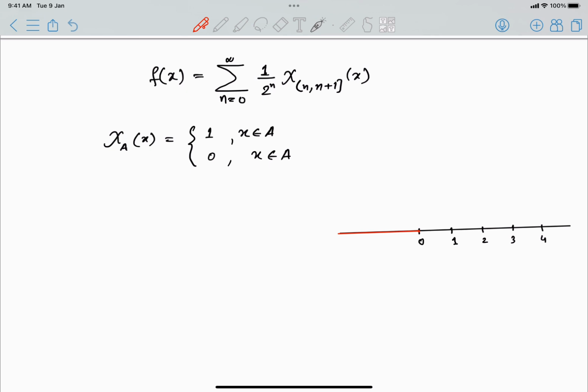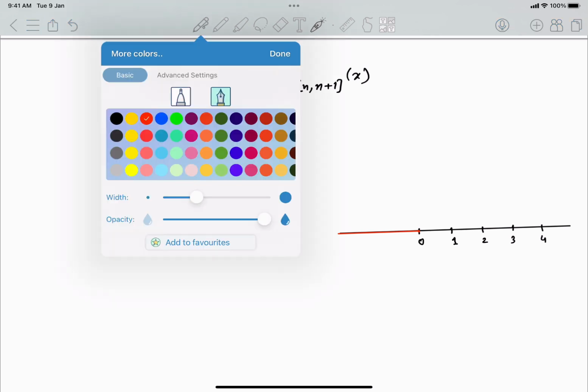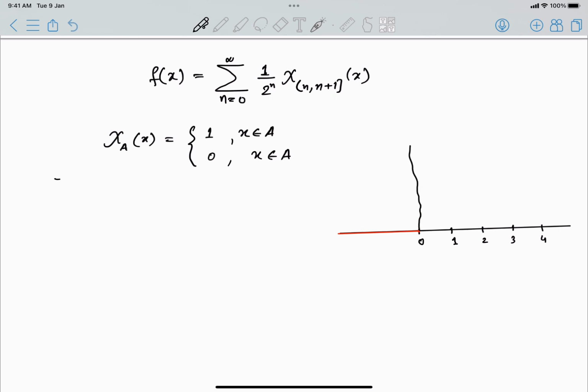For n equals 0, it gives the interval (0, 1] and there the value is 1, which is closed at 1. And if you put n equals 1, it gives the interval (1, 2] and takes the value half. Next it takes 1 by 4, and so on.